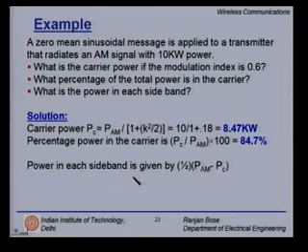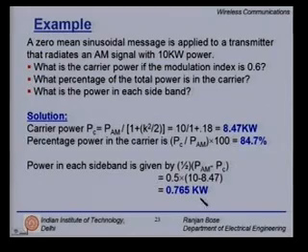The power in each sideband is given by half of (P_AM minus Pc), because that is where the remainder of the power will be once you subtract out the power in the carrier, and this is given by 0.765 kilowatts. So, the carrier is hogging most of the power, not a good sign.